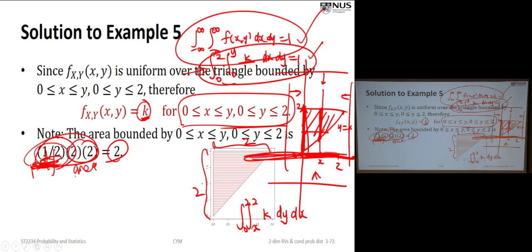So this is the area. Your height times the area, you have to make it 1. So therefore, k is 1/2. You understand? The area is 2, and the height is k. So in order to make the volume 1, k must be 1/2.